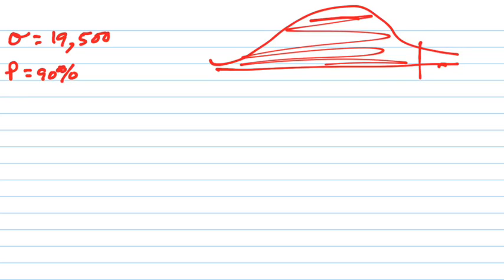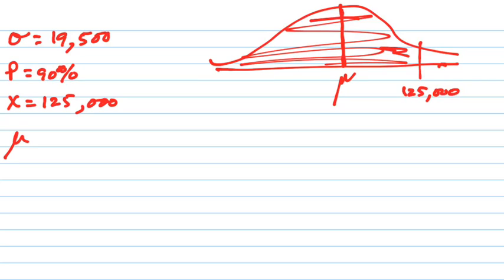Have fewer than, so that's our X value, 125,000. So that's that number there. Now remember, we're looking for our mean. So the probability is 90%.